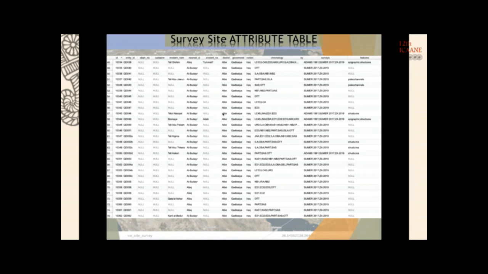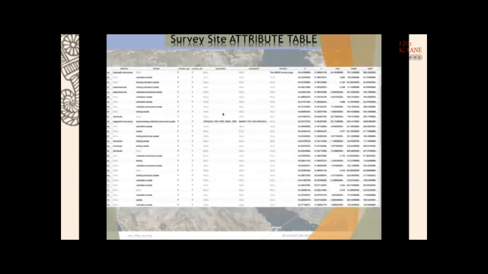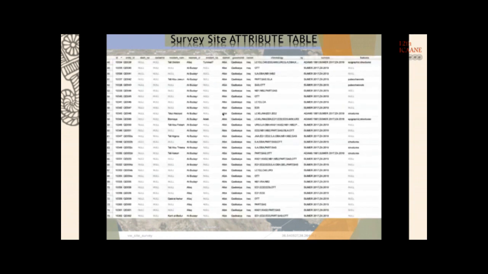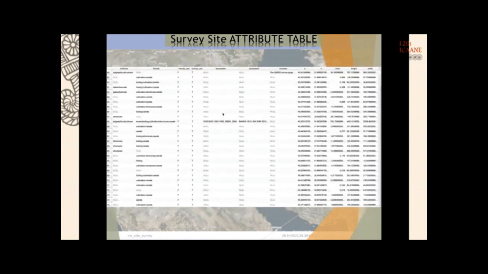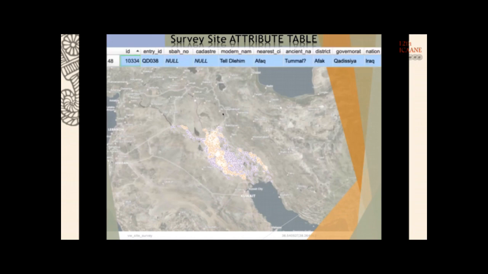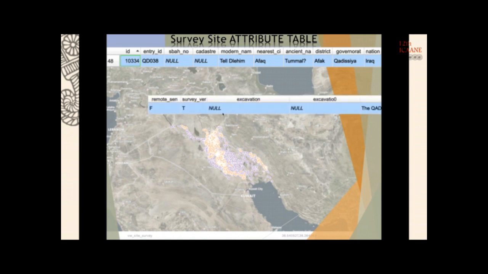This is a little more complicated attribute table. So you can see the first page, second page. For example, we can put Tel Lame that we visited with the University of Bologna. It's basically like the first attribute table.